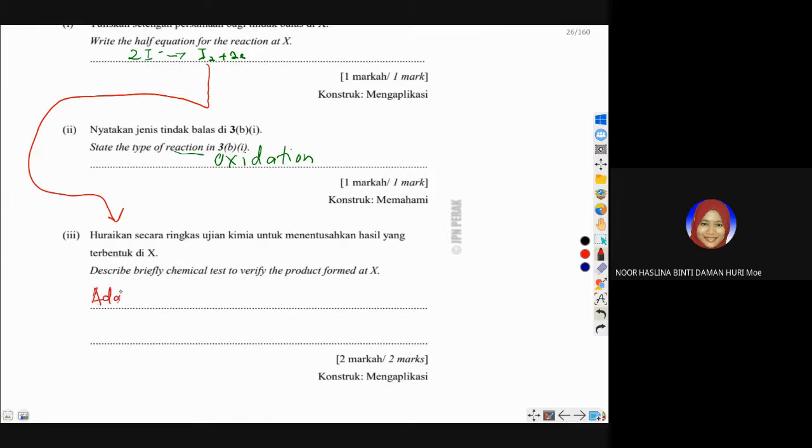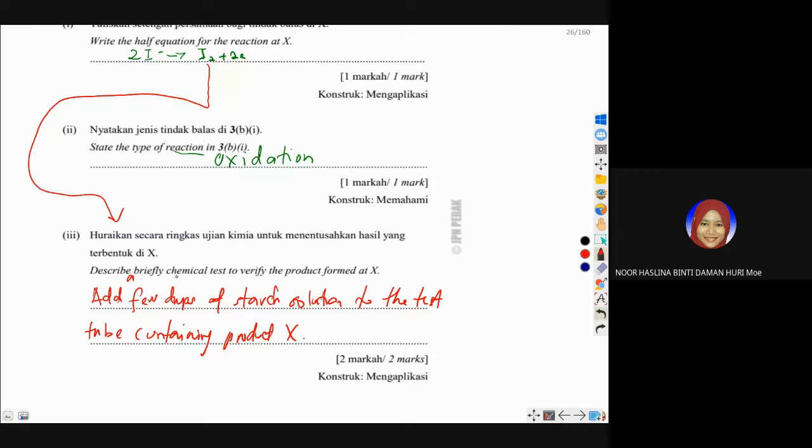This one mestilah guna starch. Mesti ada perkataan add. Add a few drops of starch solution to the test tube containing product X.